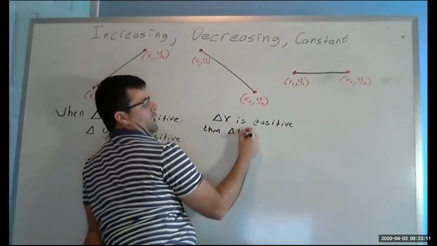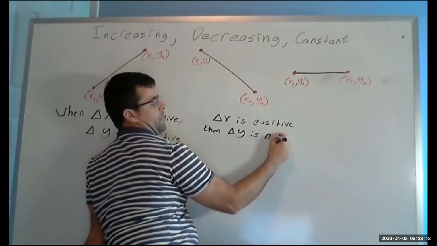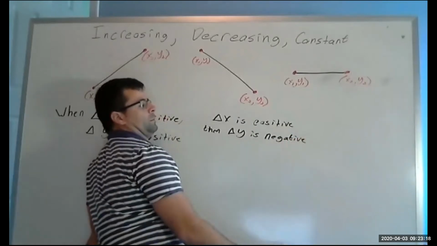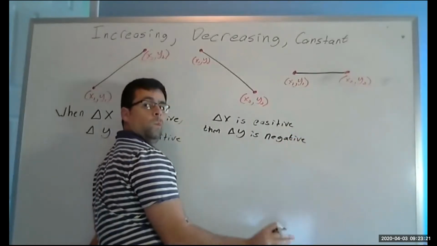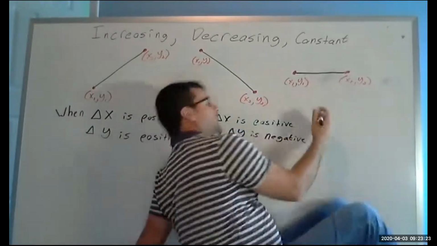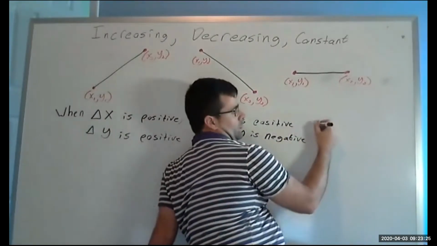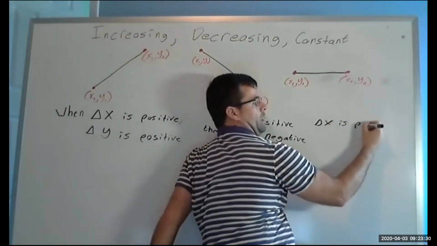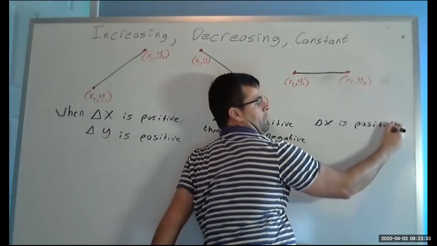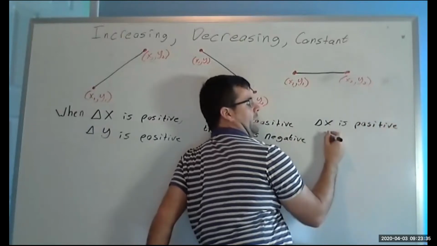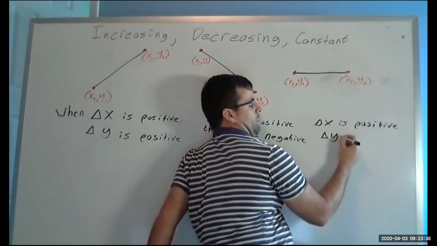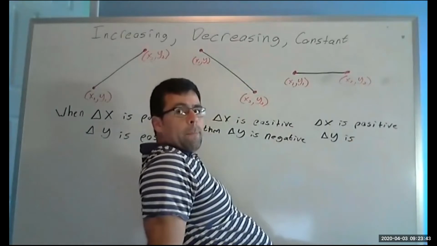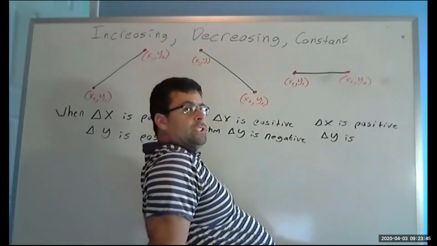Then delta y. And this last one, when you go in the positive x direction, what is delta y? What is the change in the y value?